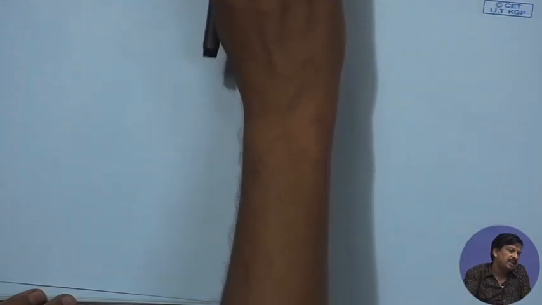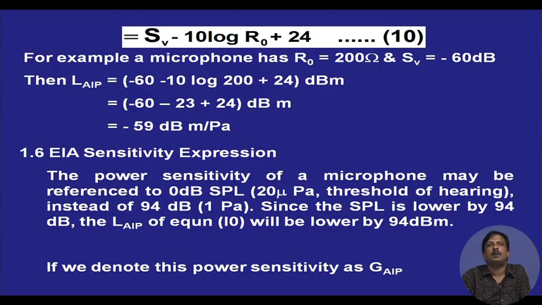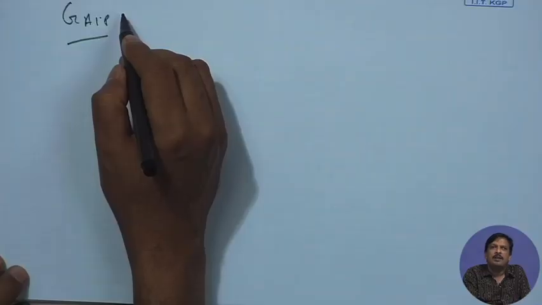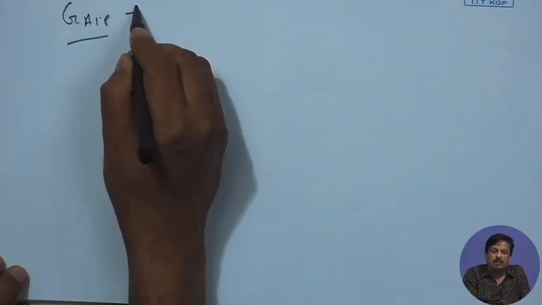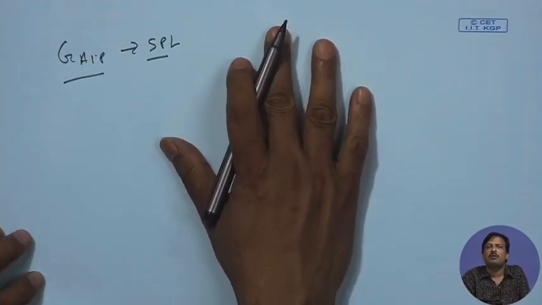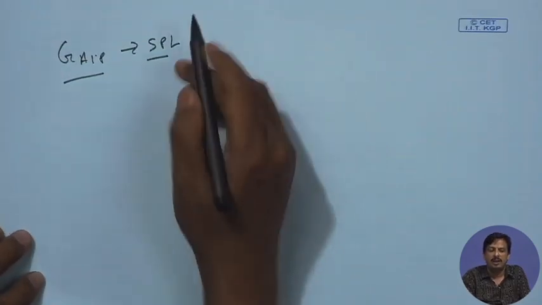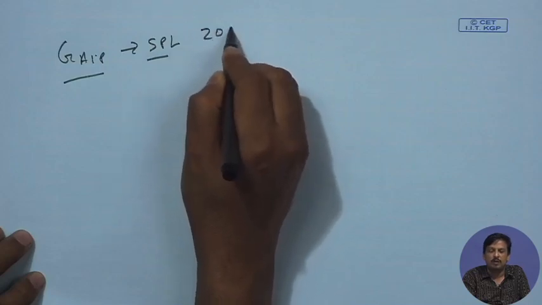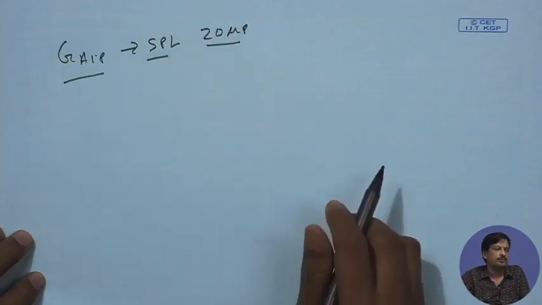Similarly, consider GAIP, the EIA specification of the power sensitivity. What is GAIP? GAIP is the power sensitivity with respect to SPL, the reference sound pressure level, which is with respect to 20 micropascal. Okay.